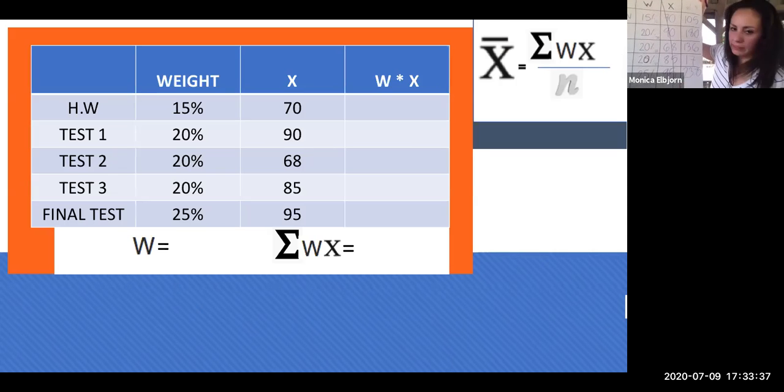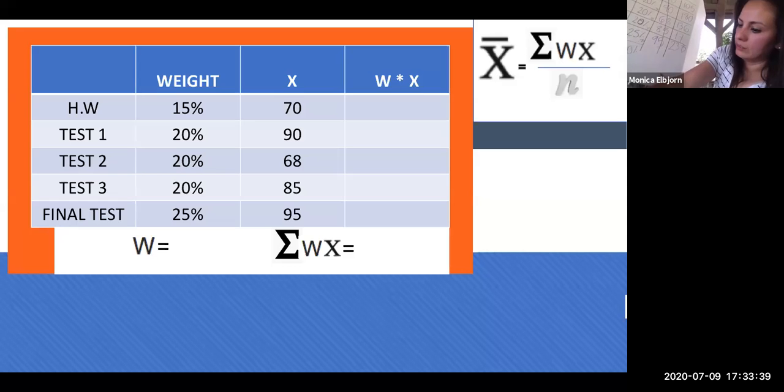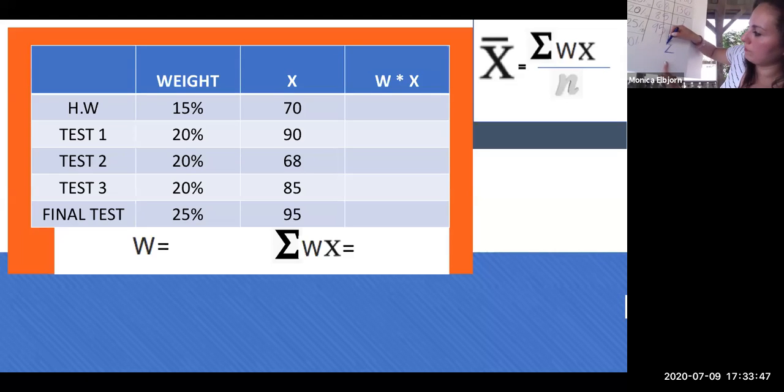Okay, and then what do we do? Do you remember? We use our sum symbol, because that's our symbol of sum. So we're going to add all this together, which is the sum of w times x.